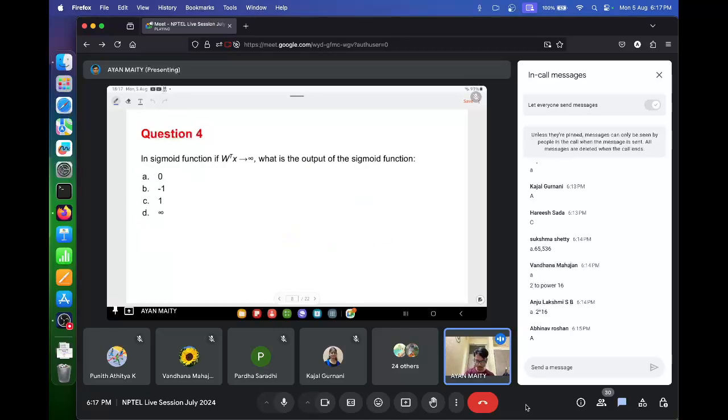Now question 4. In sigmoid function, if W transpose X tends to infinity, what is the output of the sigmoid function?